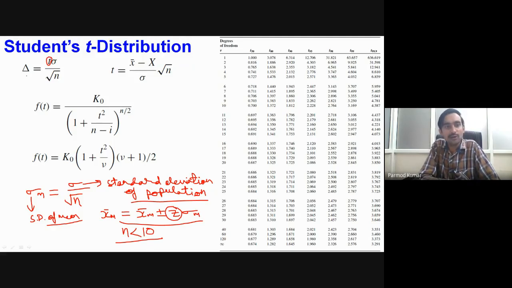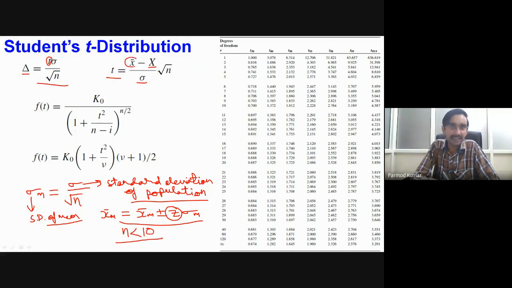Now, delta is equal to t times sigma divided by square root of n, so we have one additional factor t, and the value of t is equal to x bar minus X divided by sigma multiplied by square root of n.